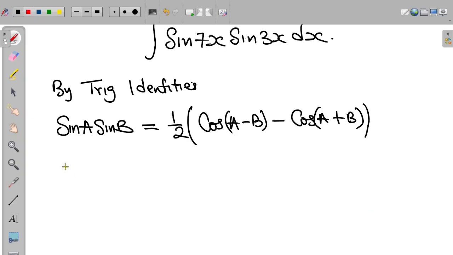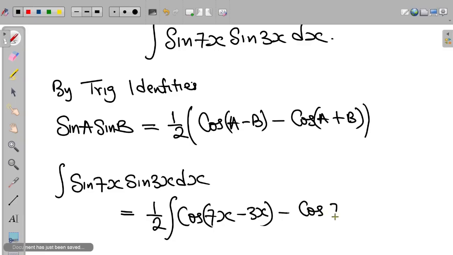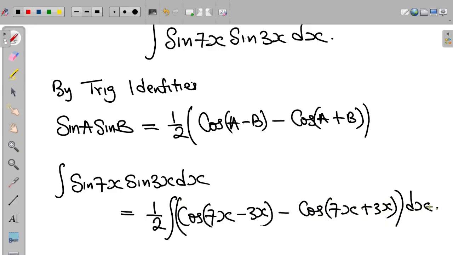So therefore, it follows that the integral of sine 7x multiplied by sine 3x dx will now be equal to 1 divided by 2, since it's a constant, integral of cos(7x minus 3x) minus cos(7x plus 3x), everything here enclosed in a bracket, multiplied by dx.